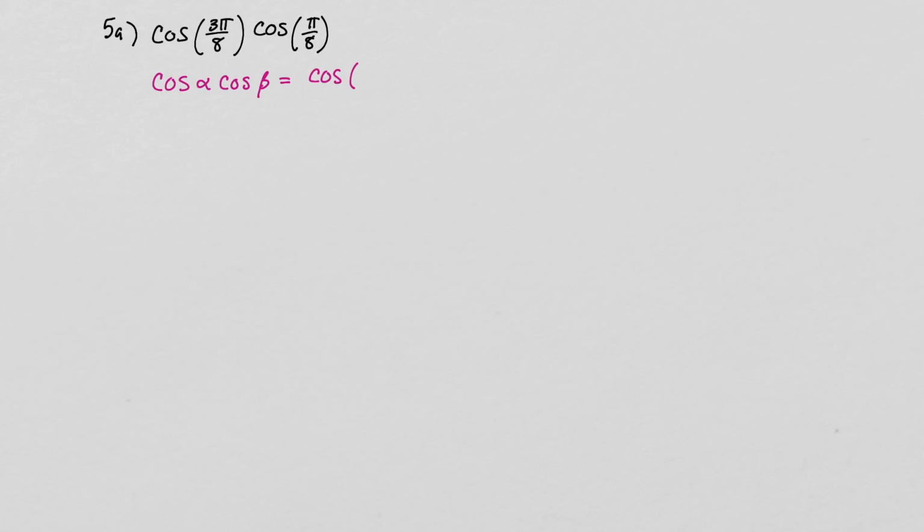Okay, on the sheet, this one comes all the way down in the product to sum section. The way I have it written is cosine alpha cosine beta is 1/2 times the cosine of alpha minus beta plus the cosine of alpha plus beta.